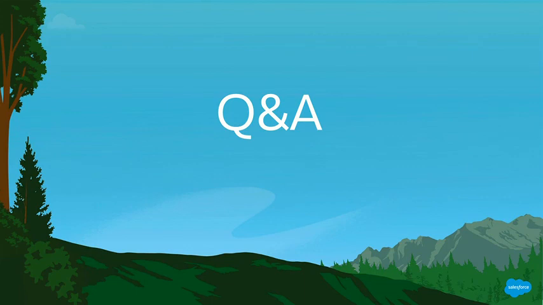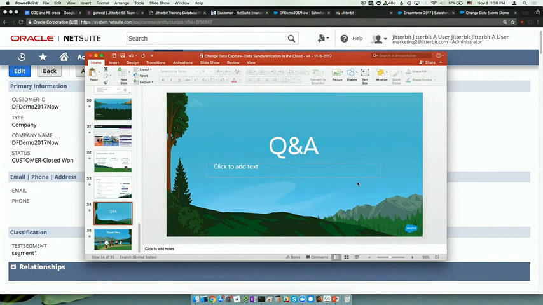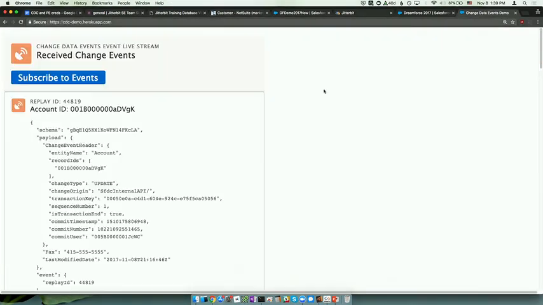Yeah, so deletions will show up as well. If you do a record delete, let me try and show it. Hopefully it's still up and running. Inside of the change event header, we tell you what the operation was. Here we see that this one is an update.